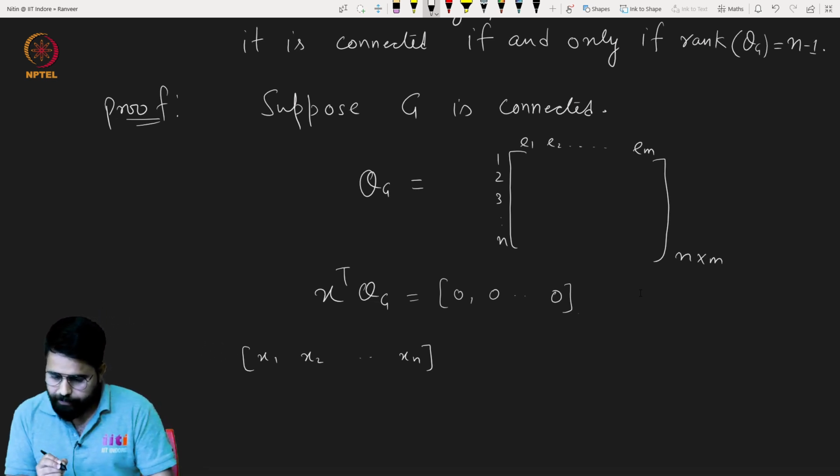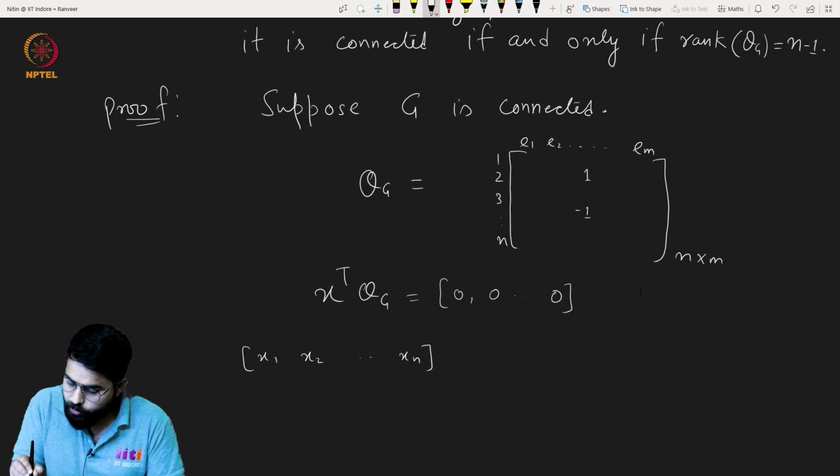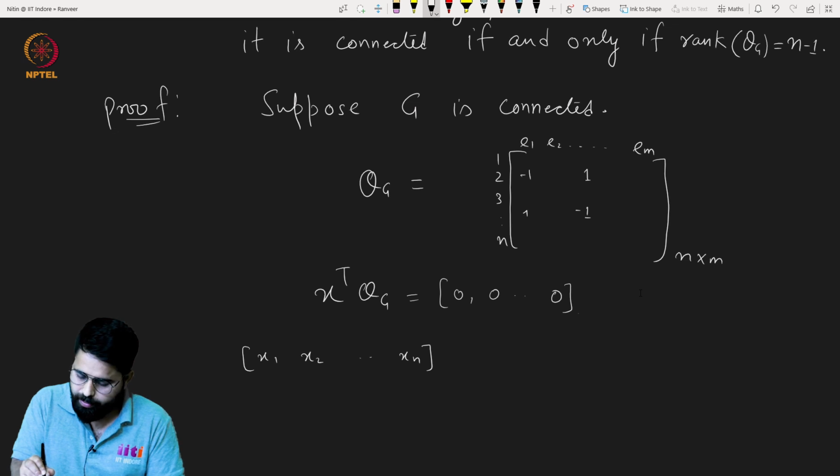Now if you see, in each column of the incidence matrix there are +1 or -1. Recall the definition, right? -1, +1, and in the rest of the places there will be zeros.